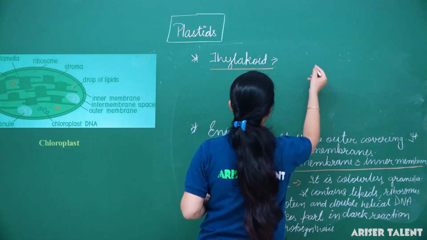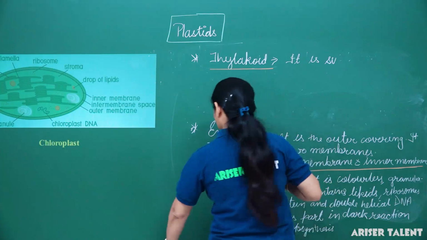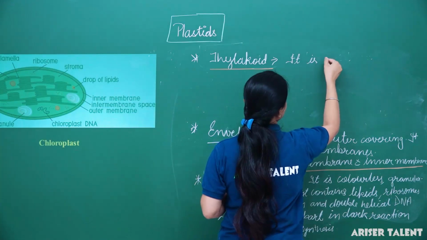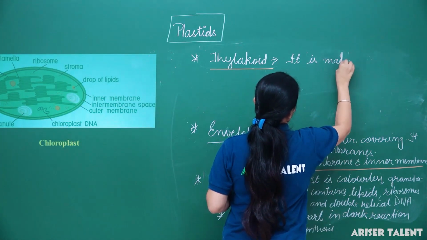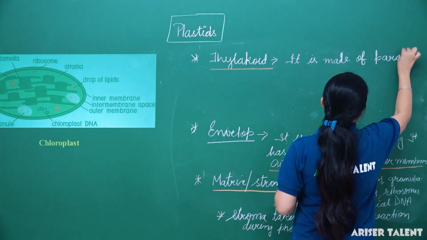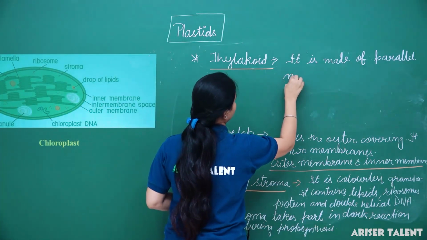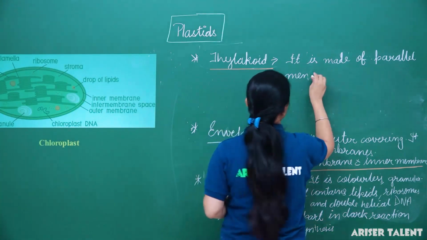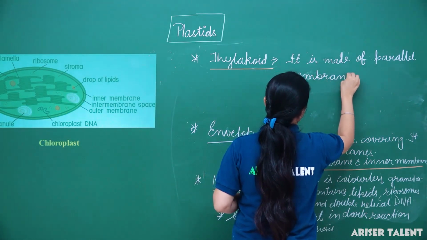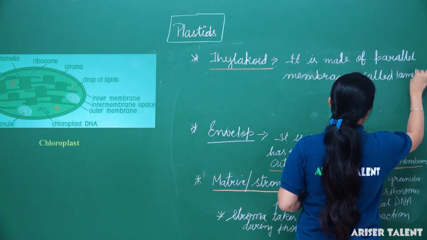Okay, so thylakoid are what? It is made up of parallel membranes called lamellae.